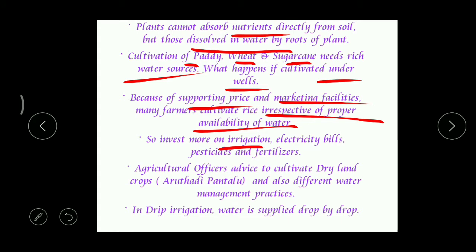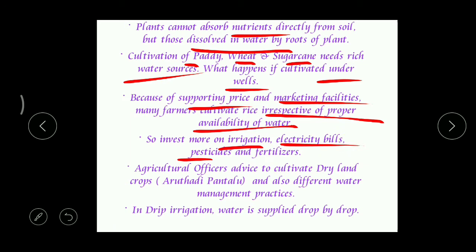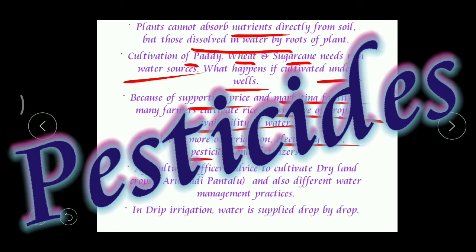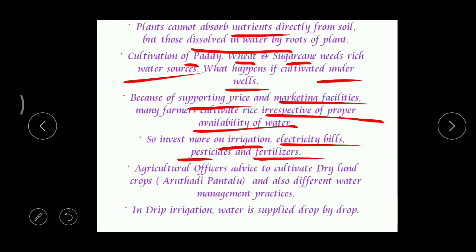So they get more and more electricity bills, and even need to spend more money on pesticides and fertilizers. Because of all these things, the investment increases, so ultimately the cost of the product also increases.